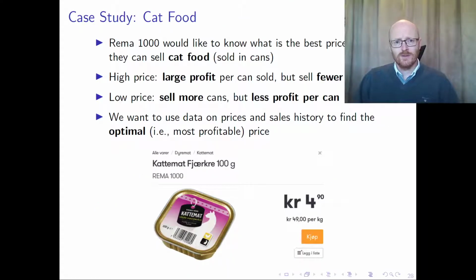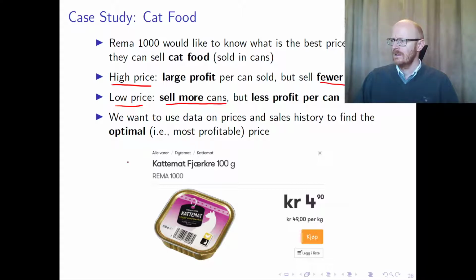So we are going to look into a case, and that is a cat food case. So ØAMET2200 would like to know what is the best price at which they can sell cat food. Okay? A high price means a large profit per can, but fewer cans. High price, fewer cans sold. And a low price means you sell more cans, but you have lower profit per can.